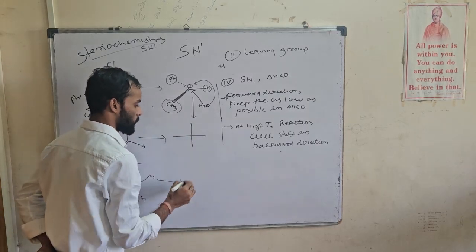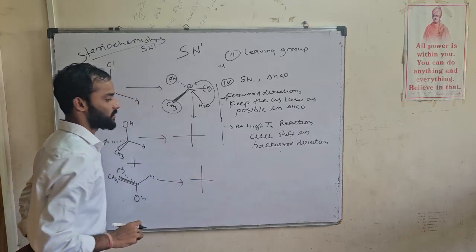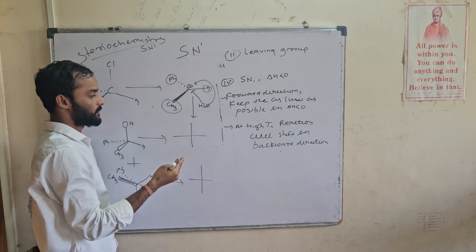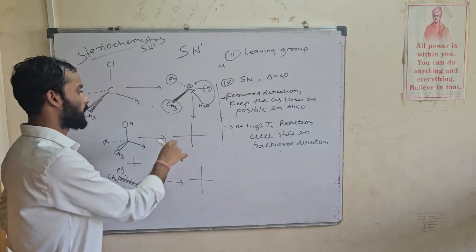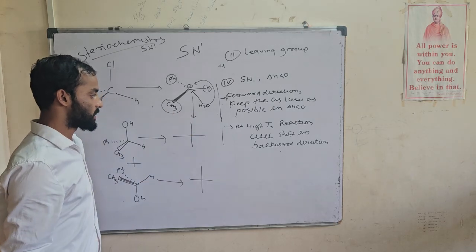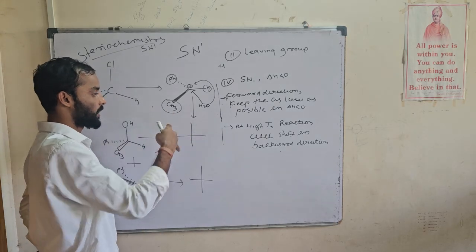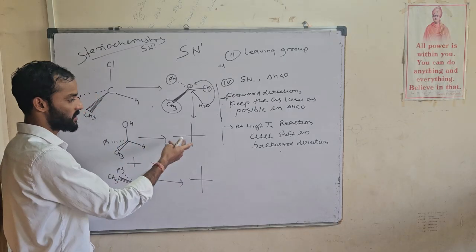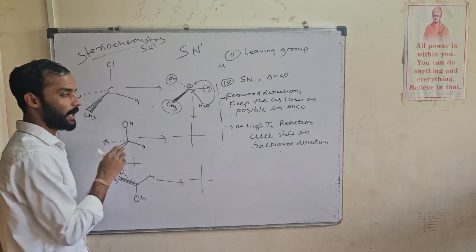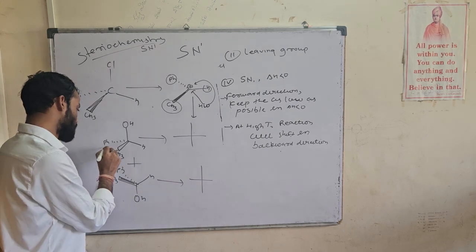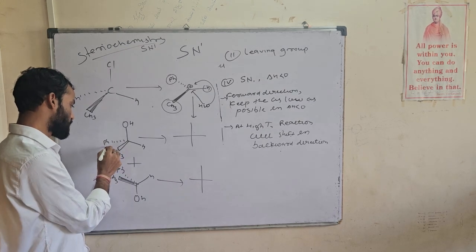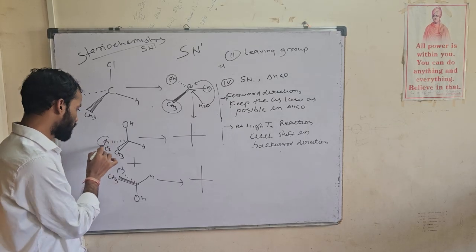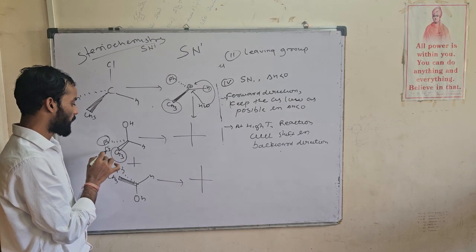What is the Fischer projection formula? It consists of two lines: the horizontal line represents the groups or atoms pointing towards the observer, and the vertical line represents that the groups on the vertical line are pointing away from the observer. To convert this product into Fischer, we have to see this molecule from a proper angle. Let's see. I am seeing this molecule from this angle. We observe that the phenyl and methyl groups are pointing towards the observer.